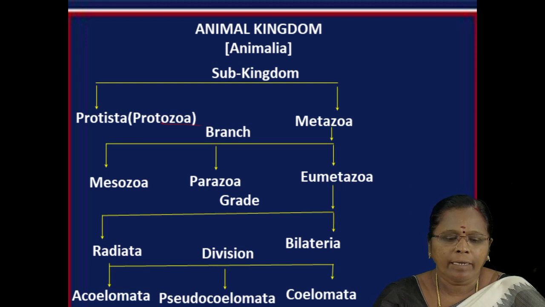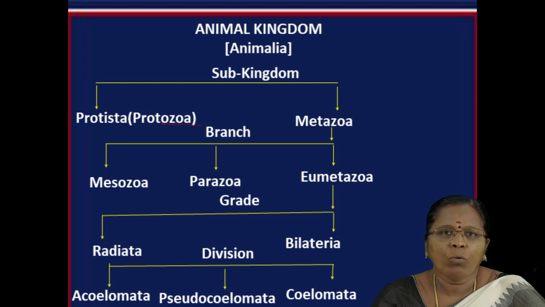Certain animals, for example coelenterates, show radial symmetry. If you cut these animals, all the parts are around the central axis. Such animals are placed in radiata. Next, certain groups of animals, if you cut them into two, give two equal halves. Such animals are placed under the bilateria.